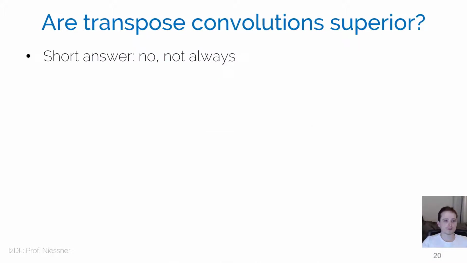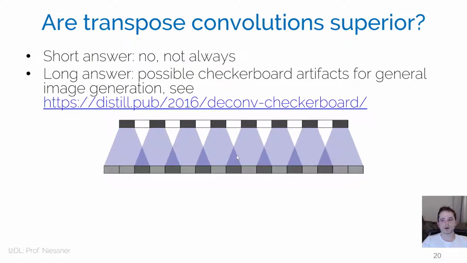Are transposed convolutions always better? So not always. Of course, the big advantage of transposed convolutions is that it's a learnable way to go up in dimensionality, as opposed to just taking a bilinear or nearest neighbor upsampling. And the reason why it's not always better is it's more related to image generation tasks rather than semantic segmentation.